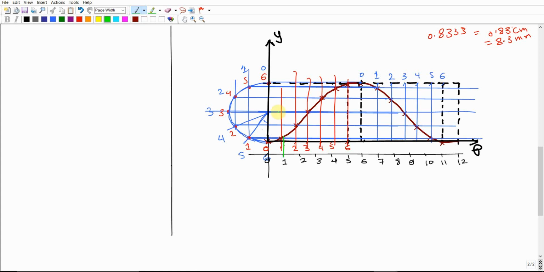Then from this point of intersection, I'm just gonna draw a horizontal line going all the way till I hit again the vertical line on the left, in this way. Make sense? Then we're gonna end up with an intersection point. I'm just gonna mark this point and give it a number like 0.1.